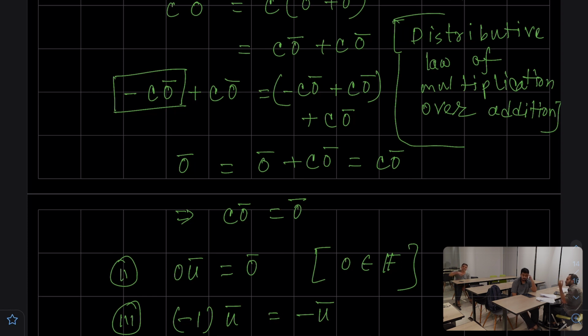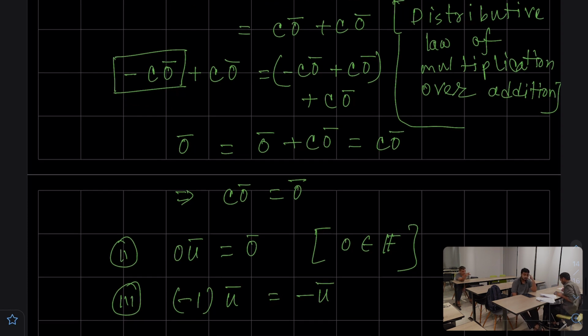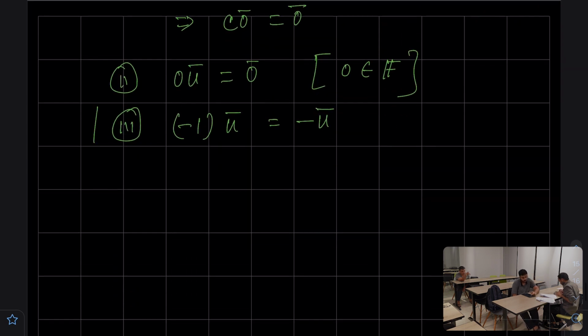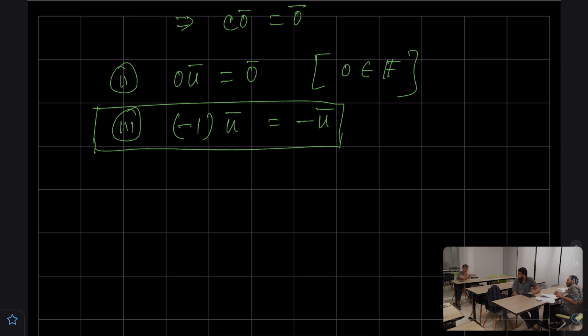You see that the third result is a very non-trivial result. Although it may appear to be a very trivial problem, it's a non-trivial result. On the right-hand side, I have the additive inverse of the given vector, right? We know that in a vector space for each vector we have an additive inverse, that is the minus u vector.